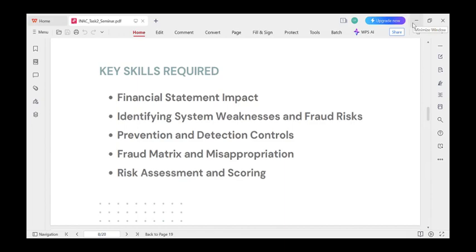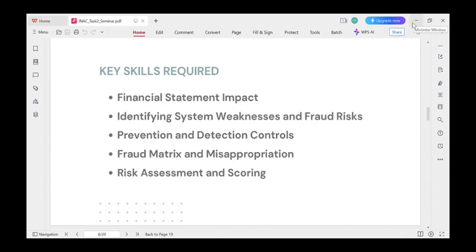I made the practice questions for each system, for inventory, for payables, for receivables, for sales, for non-current assets, for payroll as well.